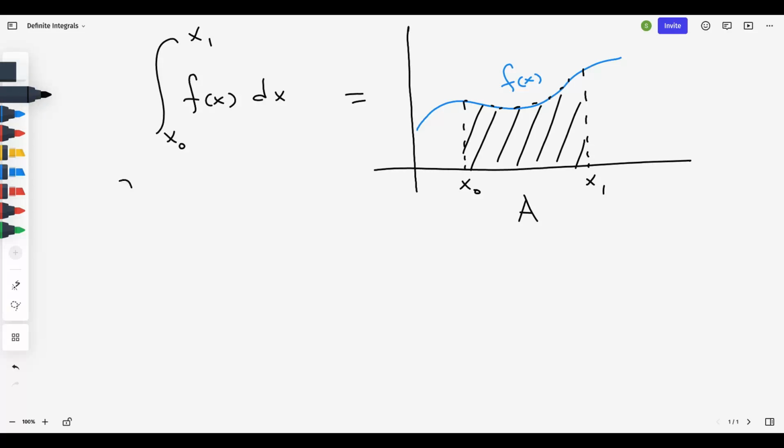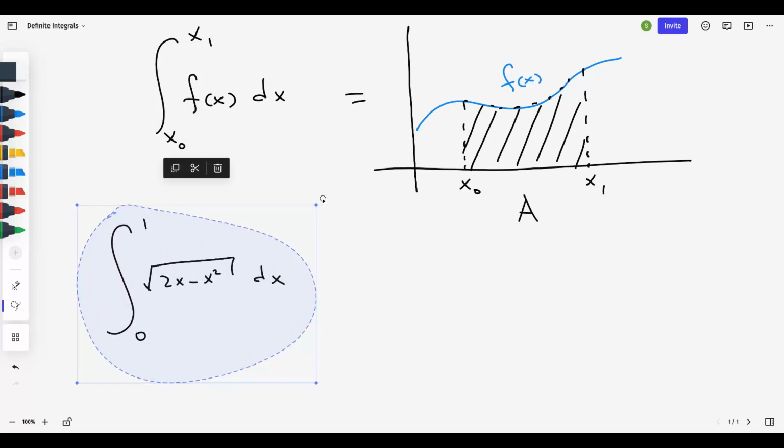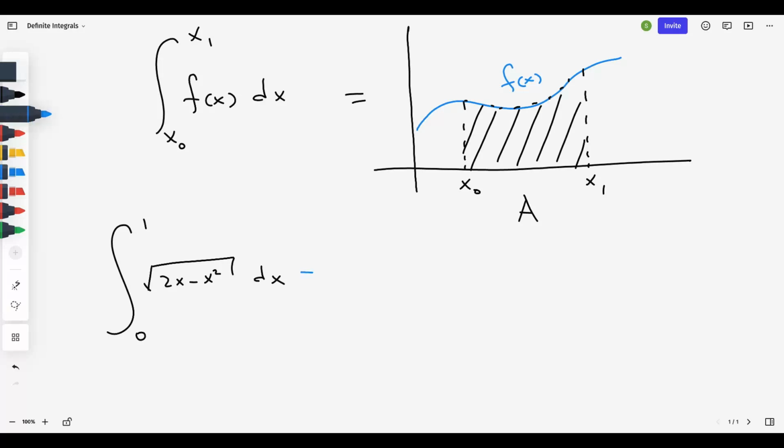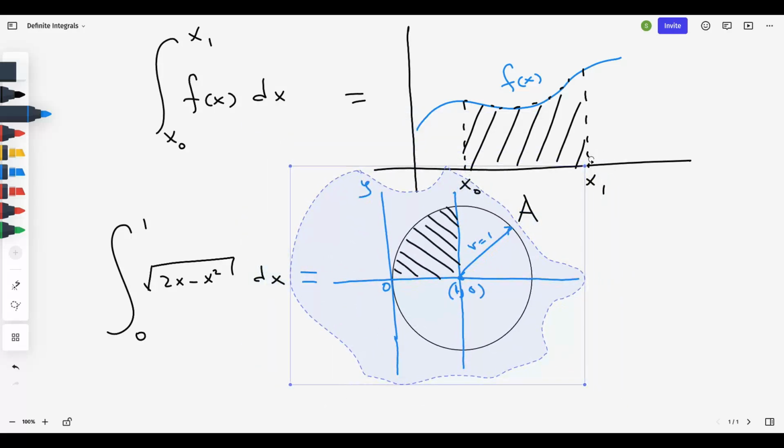If you are asked to integrate, or find the definite integral of, the square root of 2x minus x squared dx with a lower limit of 0 and an upper limit of 1, this is equivalent to, as I copied it earlier, this.